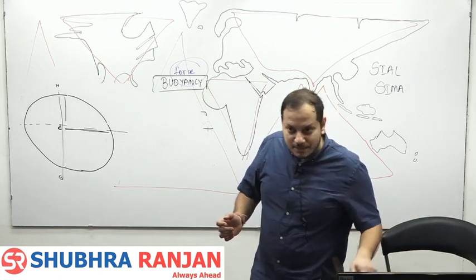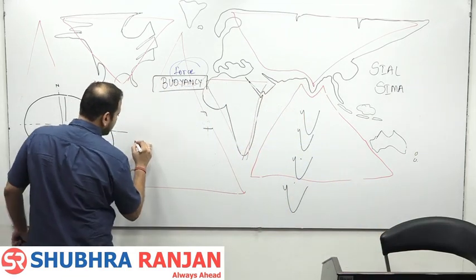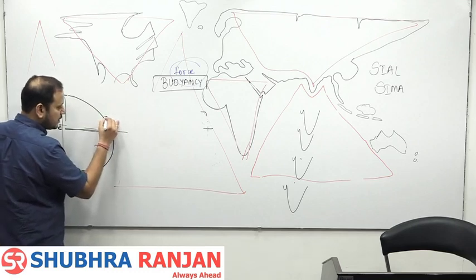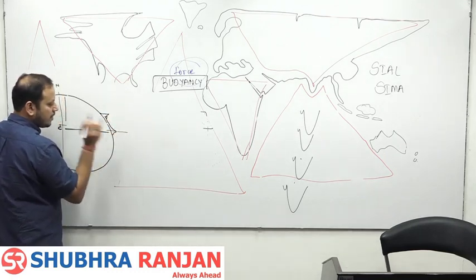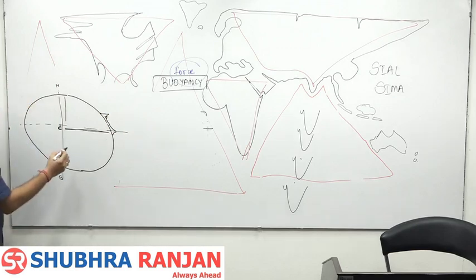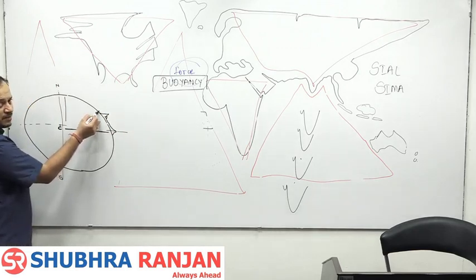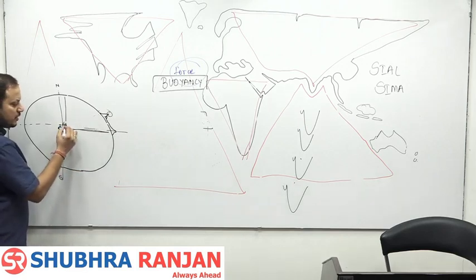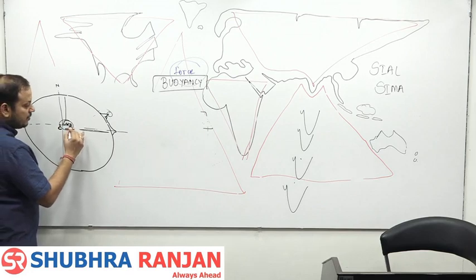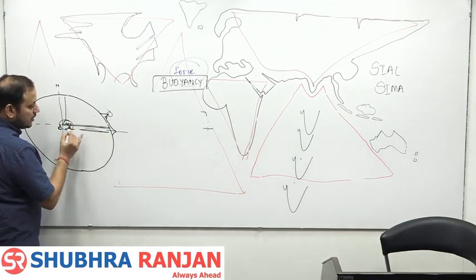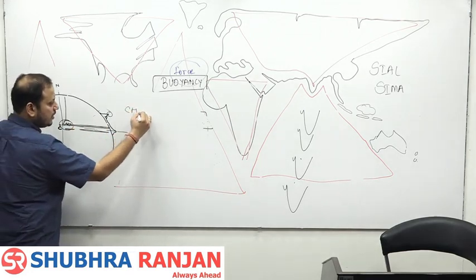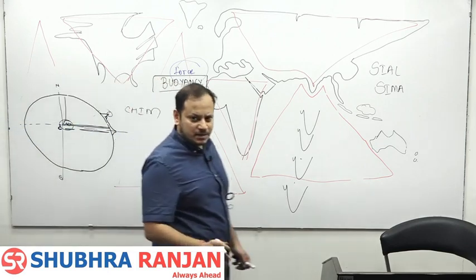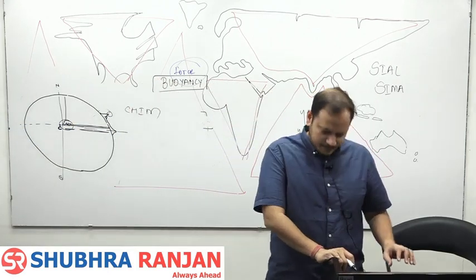So, if you are measuring something, Mount Everest here, this is how Mount Everest is, and this is how Mount Chimborazo may be. If you are measuring the height of the mountain from the surface, yes, Mount Everest no doubt is highest. But if you are going 6,400 kilometers deep, and if you are measuring the height of any mountain from there, because the earth is bulging at the equator, Mount Chimborazo will be the highest mountain.